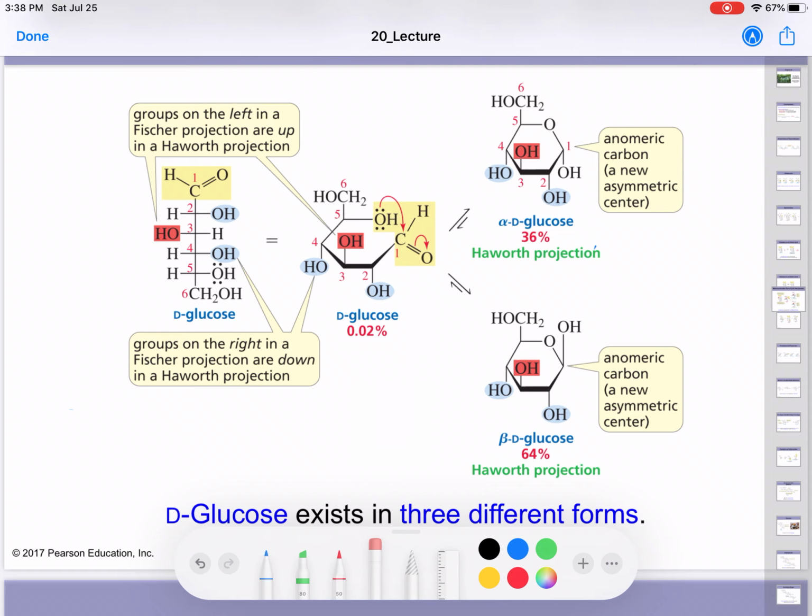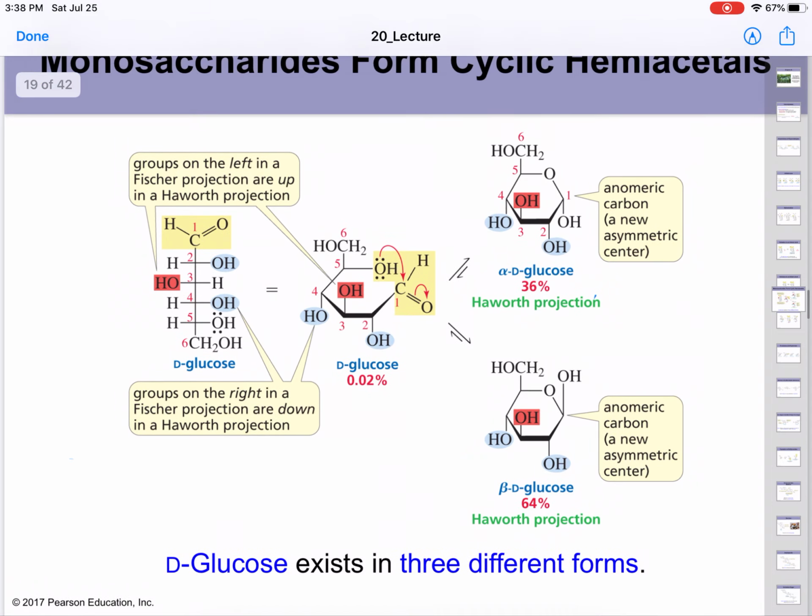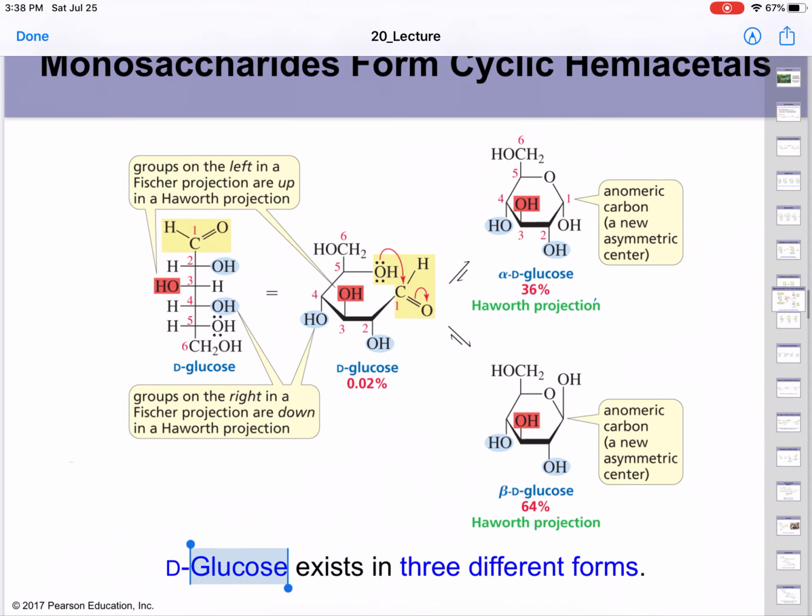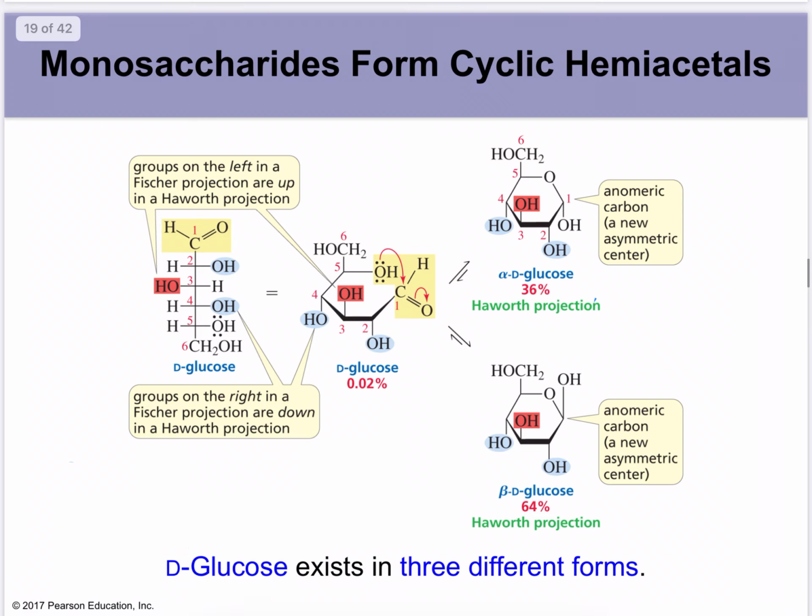So this is our Fischer projection of D-glucose.